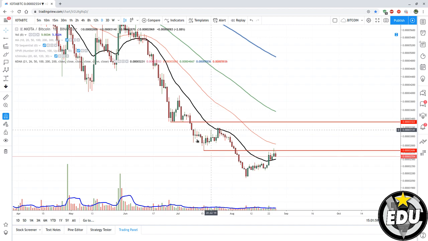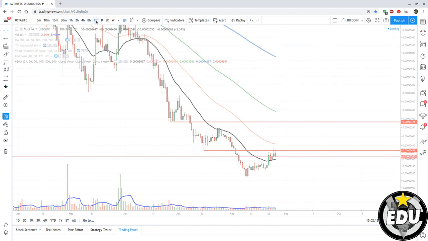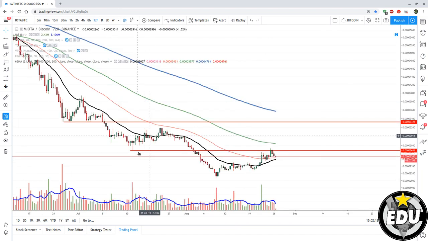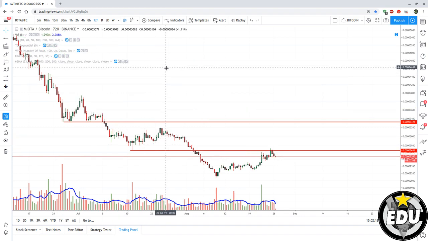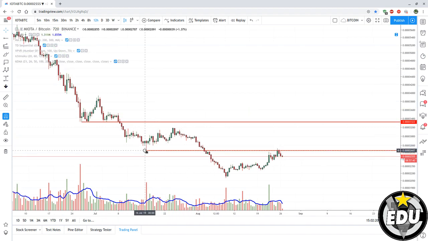But of course, you need to know when to enter this coin. Okay, and right now I can tell you something very quick if you want. If I go to the lower time frame, of course I'm not going to enter this long based on the daily. With the daily I have my idea, but how can I know when to buy?